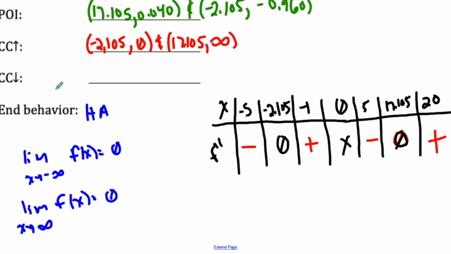And then it was concave down all of the other places, so negative infinity up to that negative 2.105. And then between 0 and 17.105.